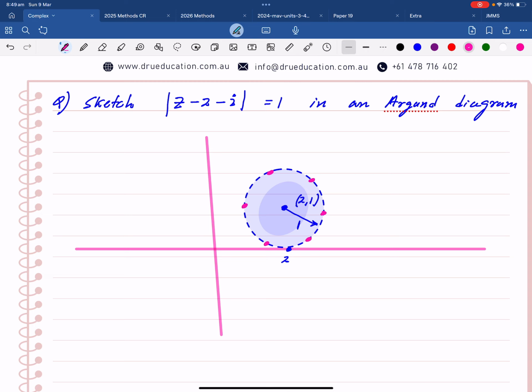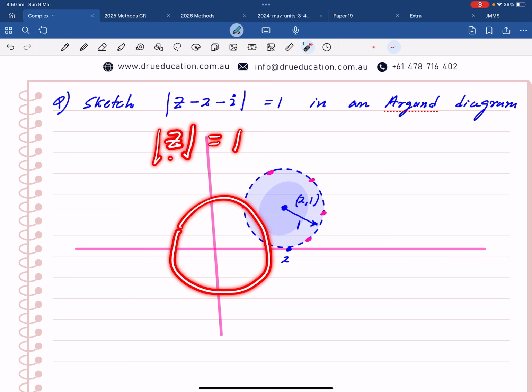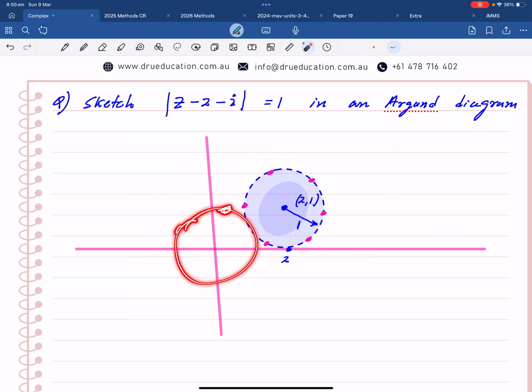Now, if you have just |z| = 1, that means it is here. What has happened? z got translated to a new location, with a different center. So initially we had z's here. Once the transformation happened, the new z's are here. So actually, this means z can be on this circle with the new center here. Got it?